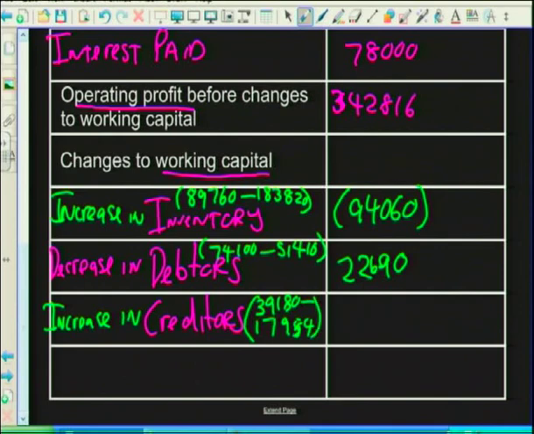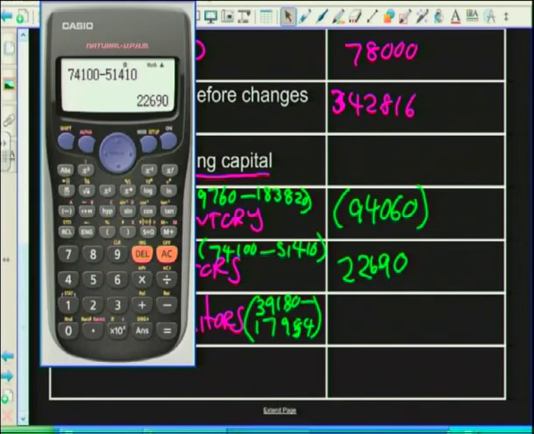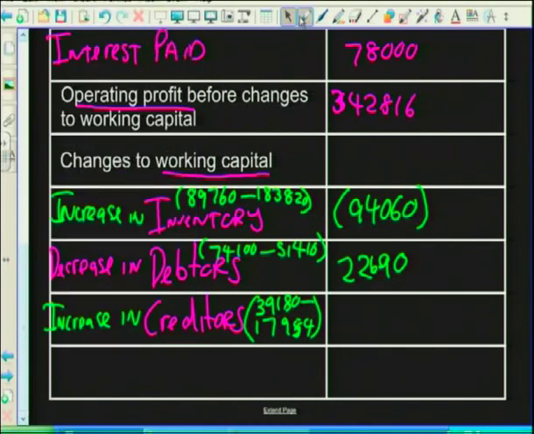Okay, so let's get our calculators out one more time, and there we go. 39,180 less 17,984 to give me 21,196. All right, let's record this. So we've got our amount of 21,196.